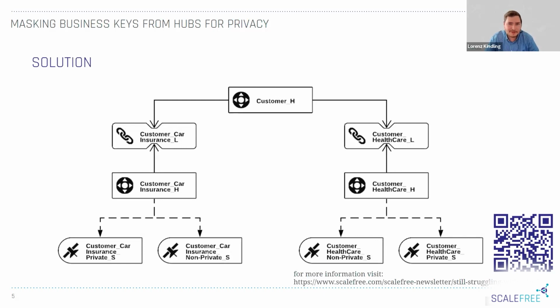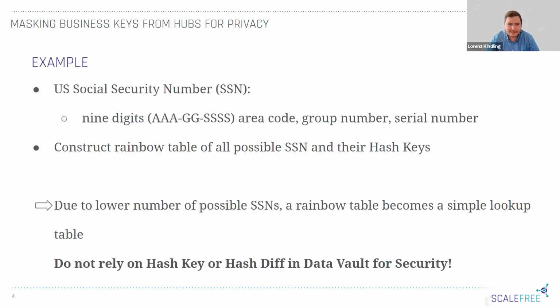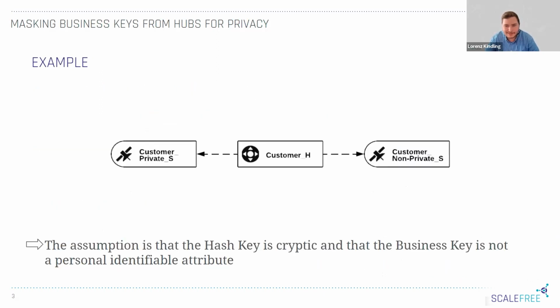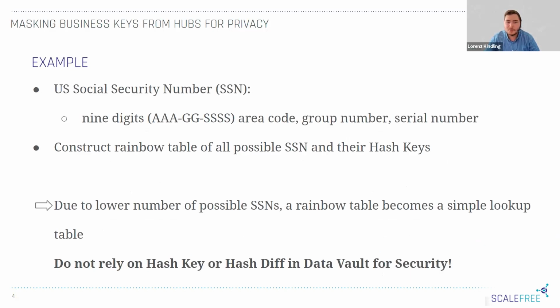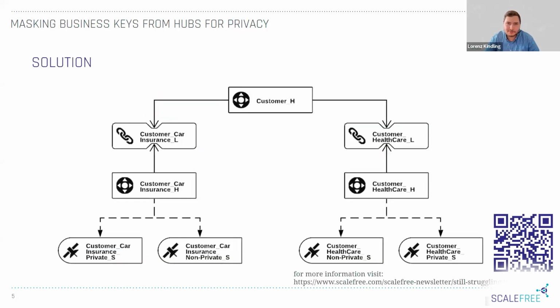Like you maybe already feel with the solution, it's a lot more complex than the one I showed before, where you just split the personal data and non-personal data into two satellites. So we would always recommend to choose a business key that is not PIA data, because it just makes it a lot more complex.